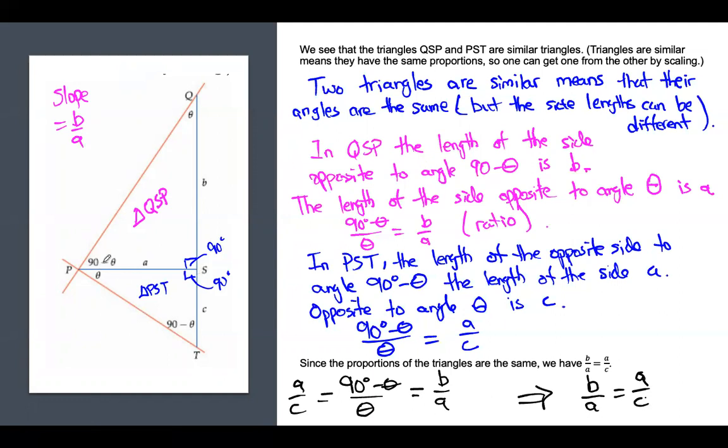You see the change in Y is here. So this is the change in Y. We can use this triangle to denote this change in Y. So that's your rise. And this is your change in X, which is equal to A. But this is equal to B. So B over A is the slope of the first triangle.